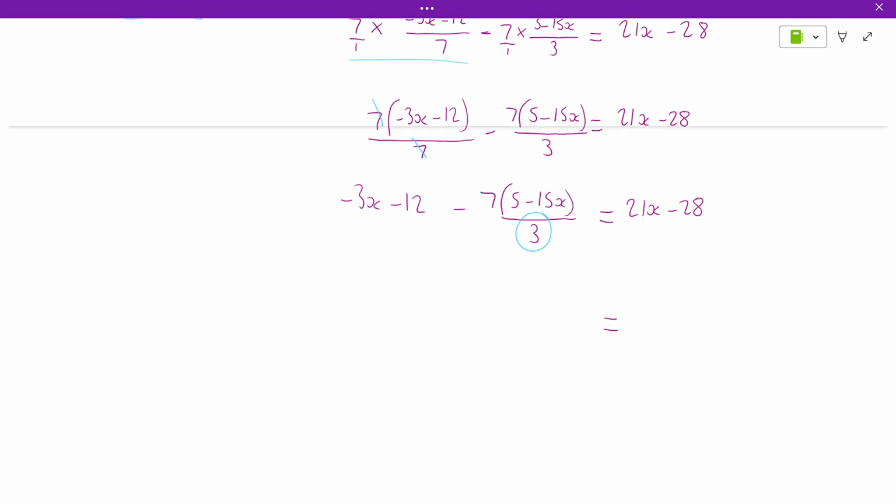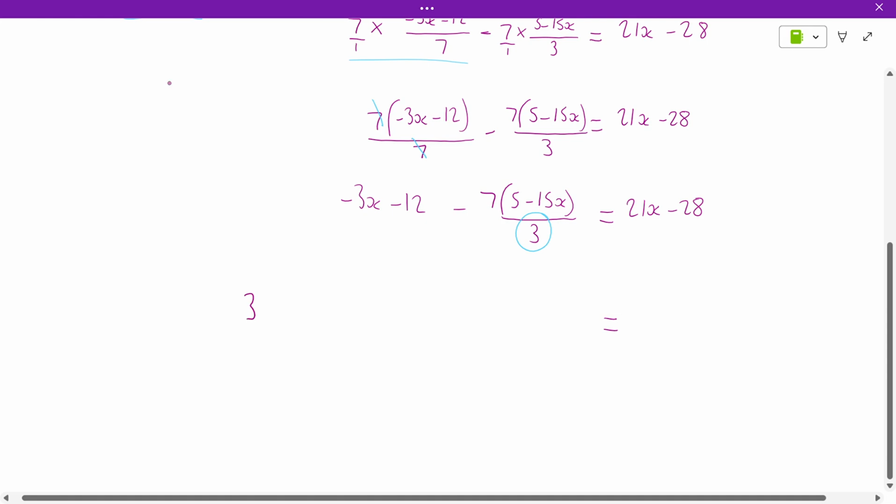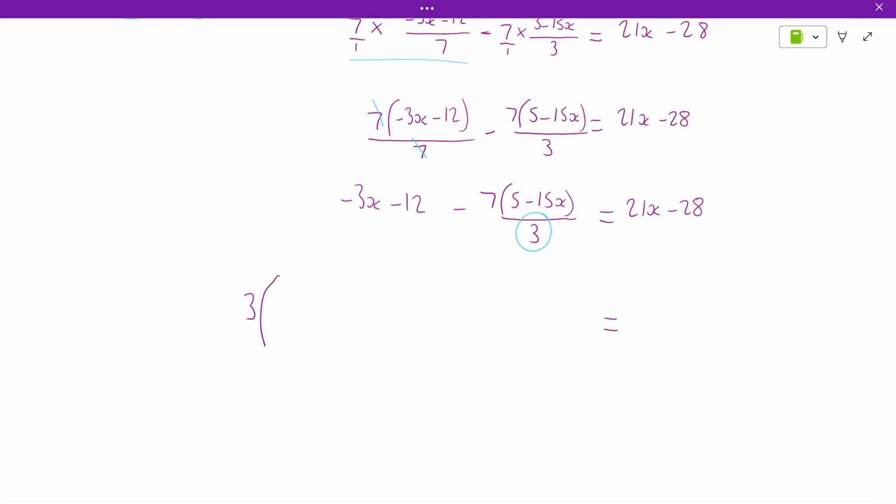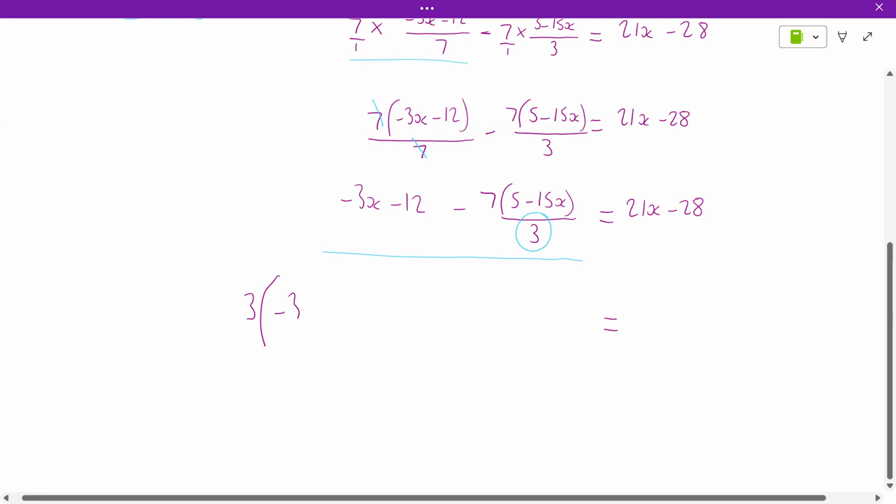So what that is going to look like, I'm going to have 3 outside of a brackets. So 3 outside of this whole left-hand side. So what I'm talking about is this whole left-hand side like that. So I'm just literally going to rewrite it again.